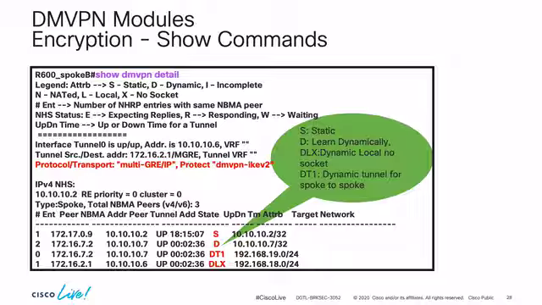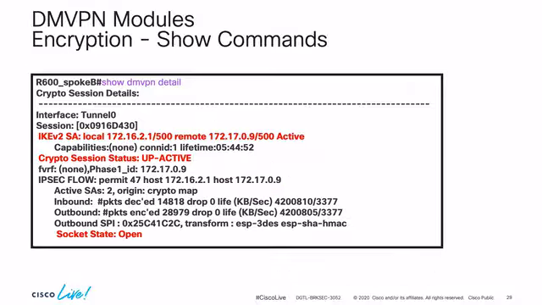Remember, I did say that this is a single command which would encompass all the outputs of individual commands like show crypto IKEv2 or show crypto IPsec SA and all of that information.